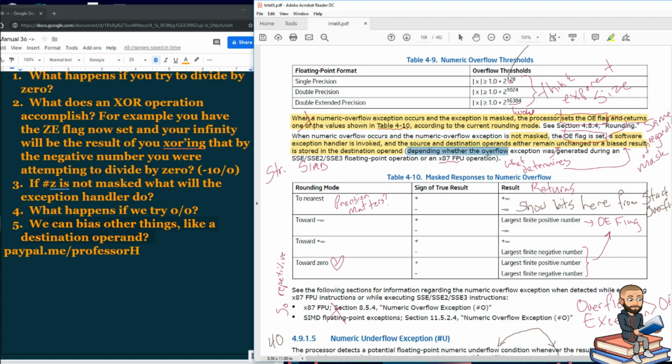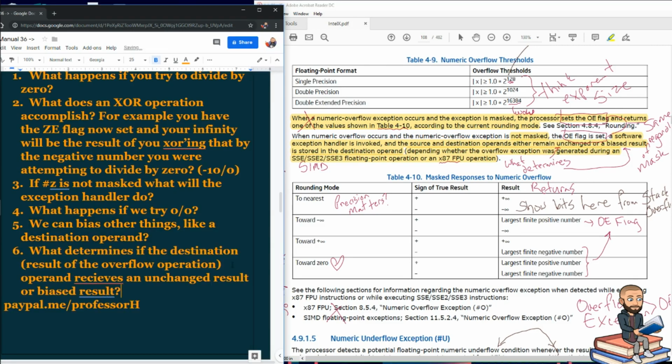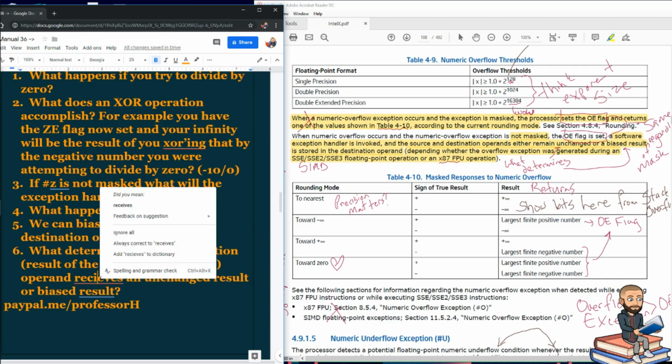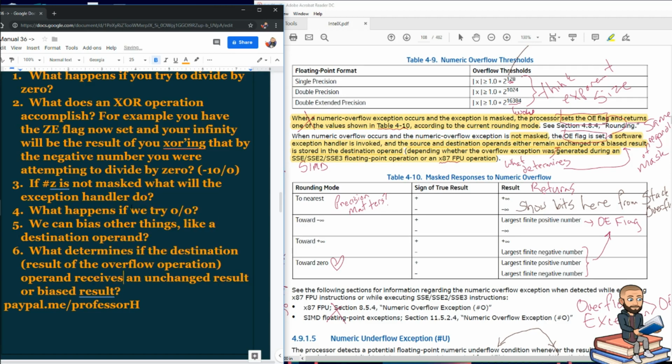Now, depending on whether the overflow exception was generated during a streaming SIMD extension floating point operation or a regular x87 FPU operation, that will determine if we're going to get an unchanged number or just a biased number. So that's a really good question. What determines whether the destination, this is the destination of the result of this overflow operation, receives an unchanged result or a biased result?